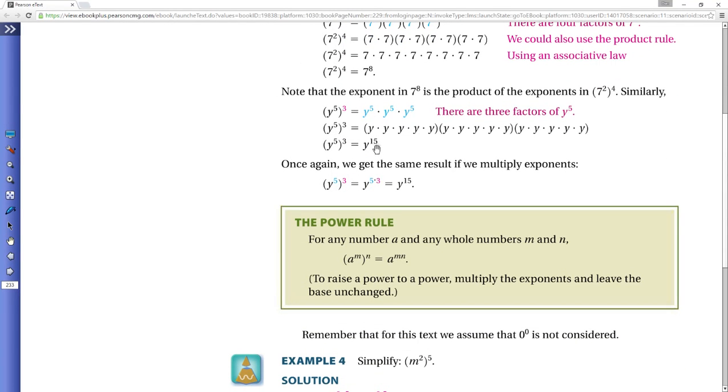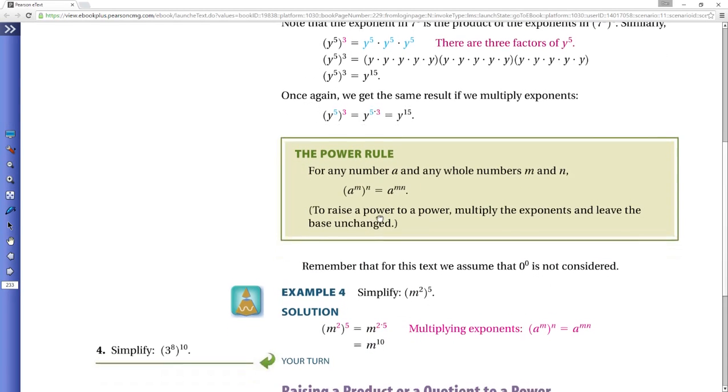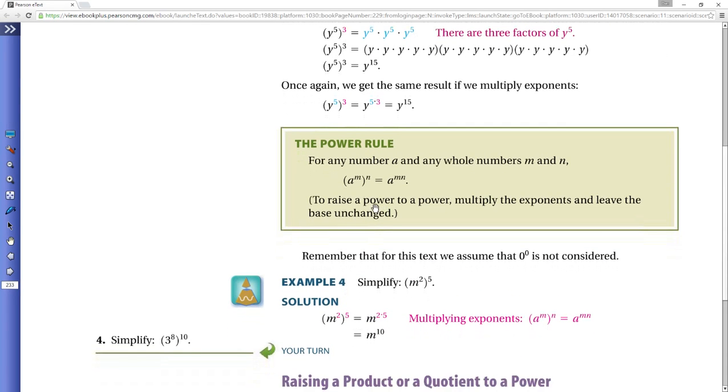So anytime I have a power of a power, the shortcut is to actually multiply the exponents. So in this rule, a to the m power, or the base a to the m exponent, all that grouping of that whole thing to the n power is the same as base a to the m times n, or first exponent times the second exponent, and you get a rule for powers.